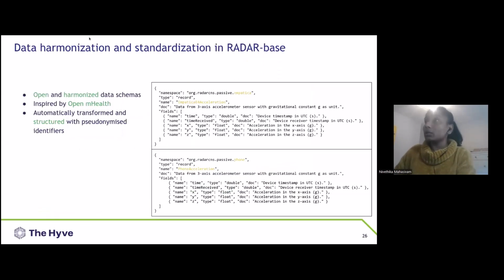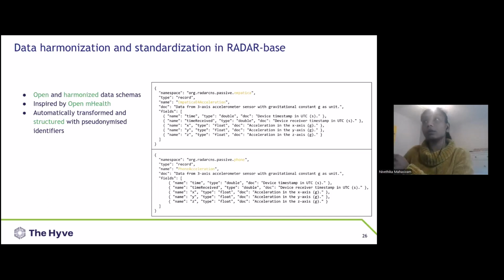So one thing we do when we do the integration is the data harmonization, or the schema harmonization more specifically. For example, we also analyze this data quite well to find how well this can be harmonized across devices, because you would get accelerometer from multiple devices, but the accelerometer data is the same.